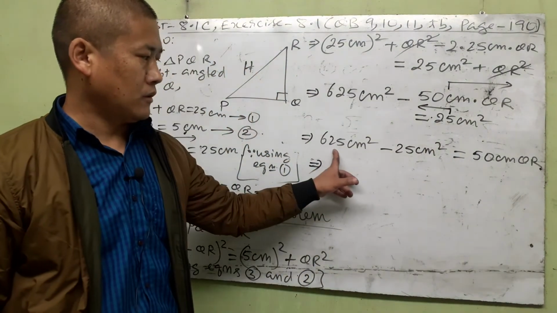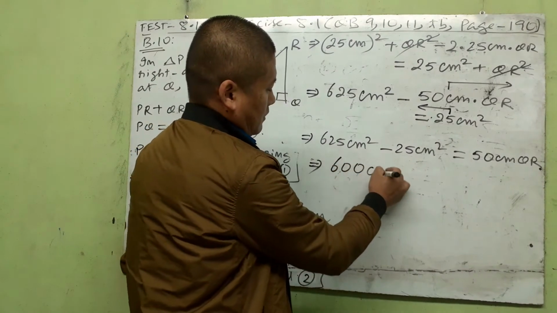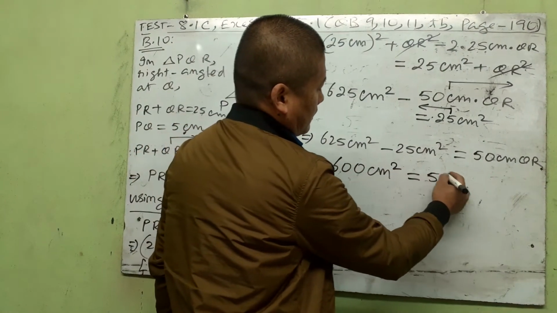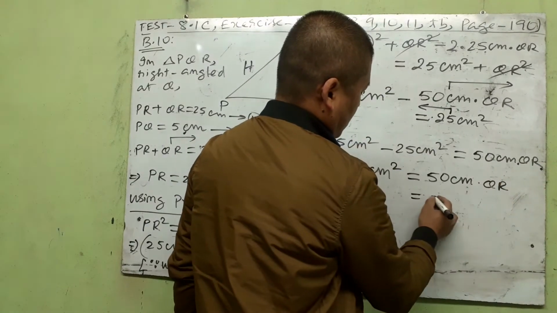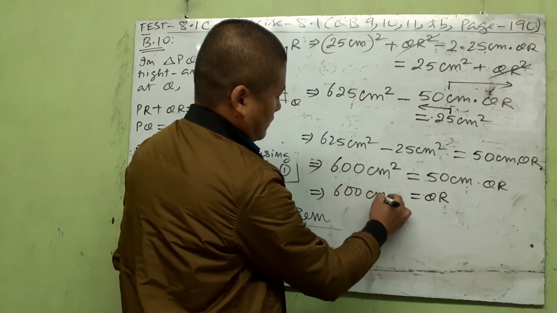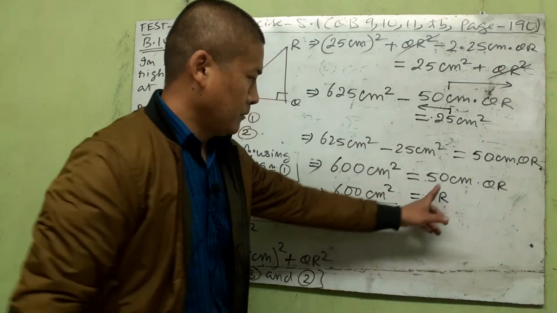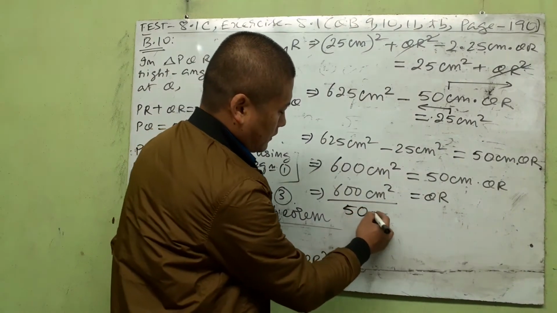Now here 625 minus 25, very simple. 600 centimeter square is equal to 50 centimeter into QR. So QR don't move, then 600 centimeter square divided by, if you shift this 50 centimeter, it will go down to the denominator, to the left side.